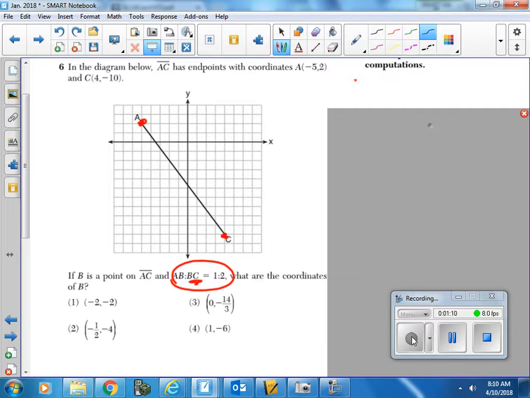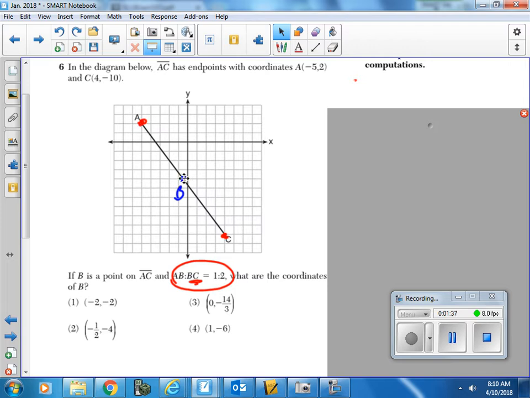So you have to think of B being this point, and it's somewhere on this line. But where is it such that AB to BC would be a 1 to 2 ratio? Let's just say it was right here. Does that look like BC is twice as big as AB?